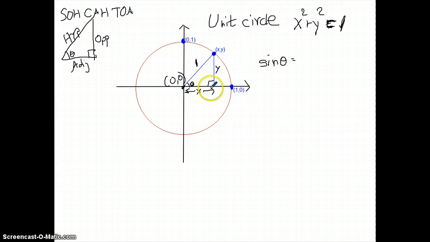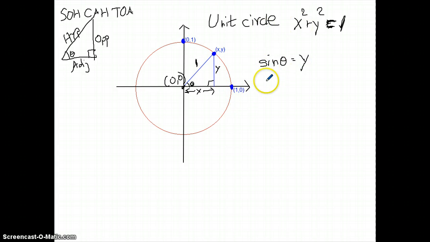Well, sine is equal to opposite over hypotenuse, see it's Sohcahtoa here. So what's the opposite? The opposite is y, and the hypotenuse is 1, so look at that. Sine of theta equals y.